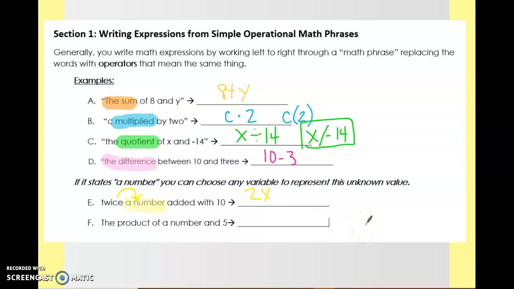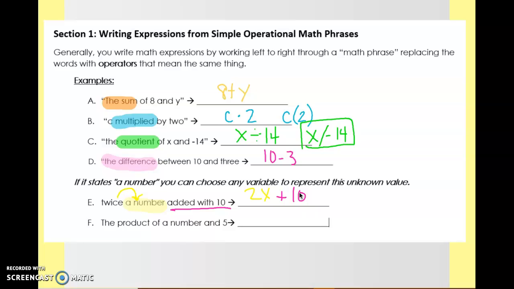There's my number. I chose to use x to represent the unknown. And twice x means 2 times x. And then we're going to add it on with 10. So added with 10. Added is straightforward addition, and adding it on with 10. So again, if it has a number, then you can use any variable that you'd like.